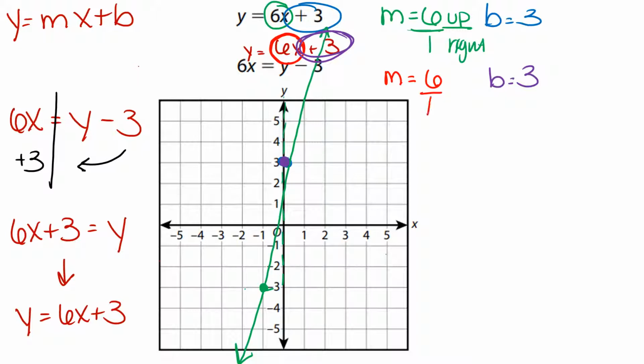And we have the same slope, up 6 and right 1. We can't go up 6 and right 1, we run out of room, so we go down 6 and over 1, and we end up with the same line. And so when we have the same line, we end up with an infinite solution.